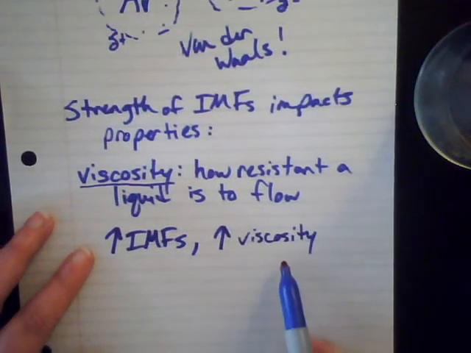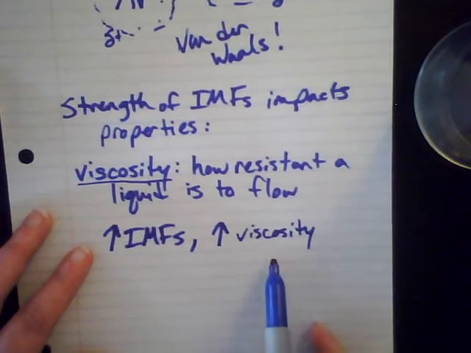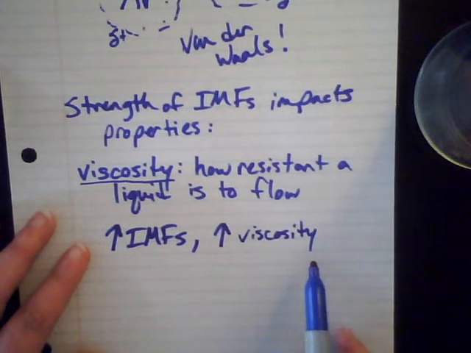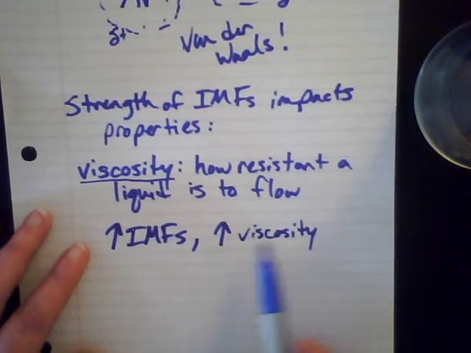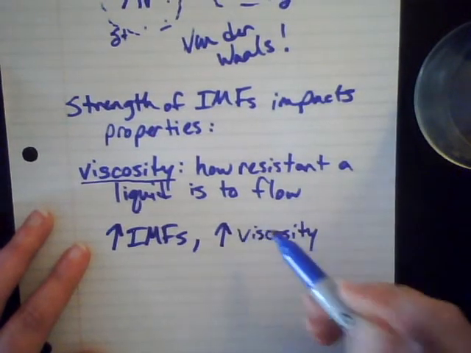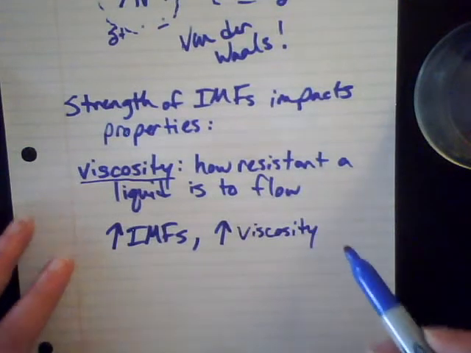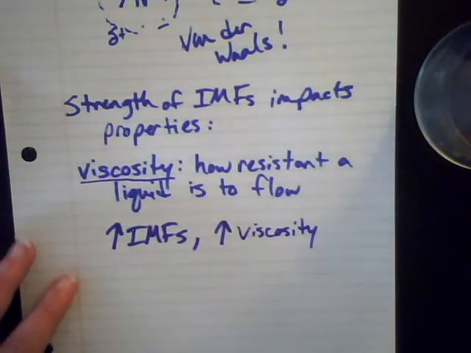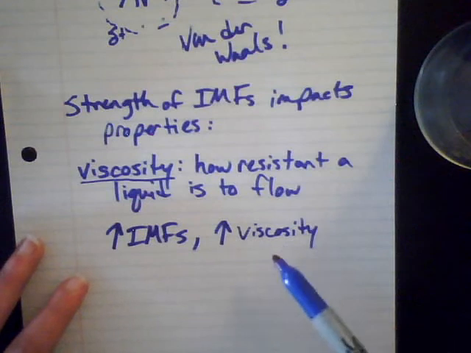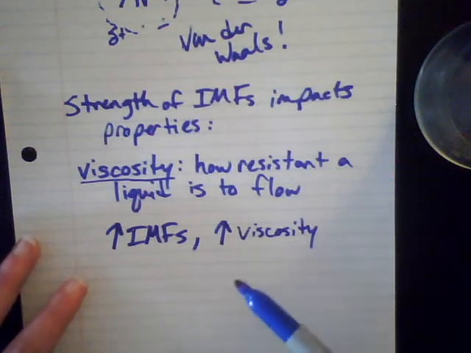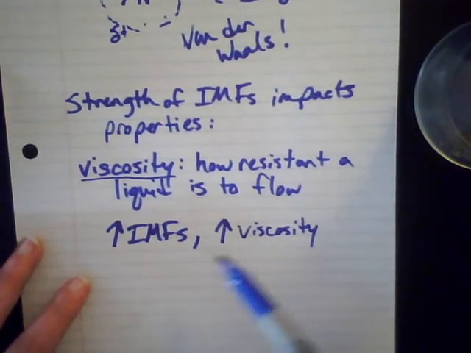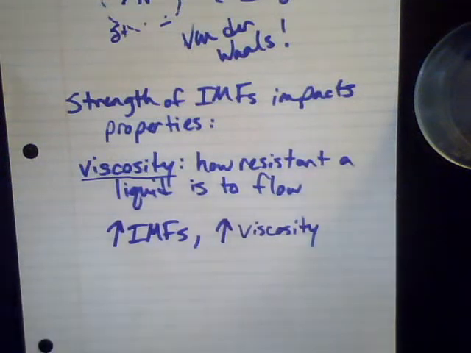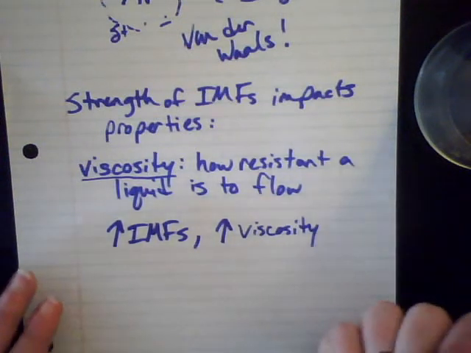If I have really strong attraction to myself as a liquid, then I'm going to want to stick together. That means that I'm not going to want to run around too much. So the less viscous the material, then it tends to have fewer IMFs. Or if it isn't that viscous, then it also has other things going on. But this is just one way to predict whether or not a liquid will be viscous.